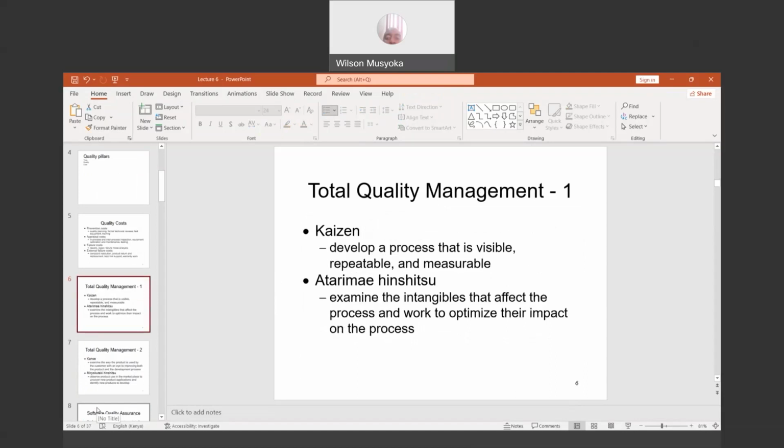Then we also have total quality management. And when we are talking about total quality management, this is a very important aspect of quality.